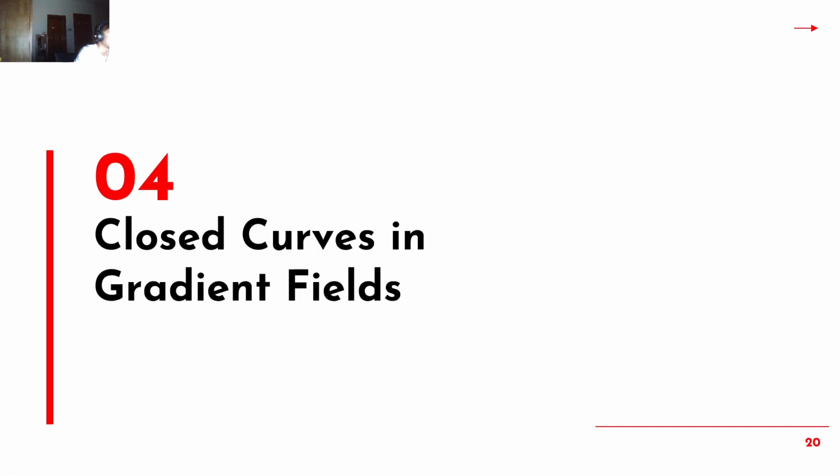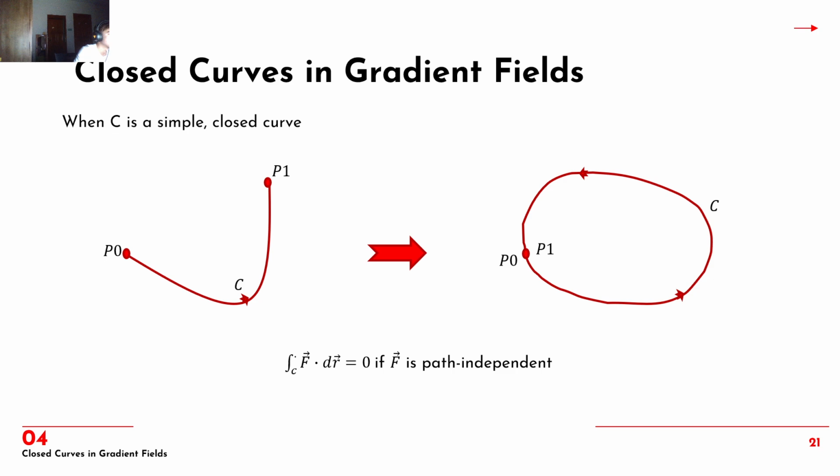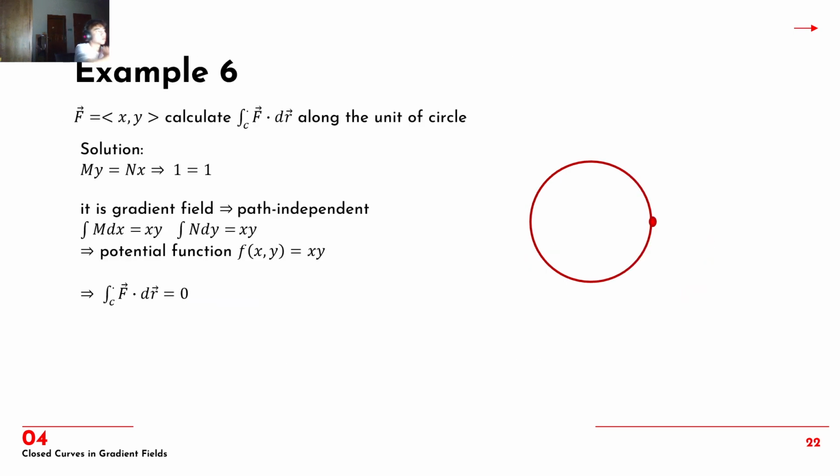Lastly, we're going to talk about closed curves in a gradient field. So when C is a simple closed curve, that means when we use the formula of the fundamental theorem, we got 0 if vector f is path independent. So for the last example, vector f is the same as the last example.